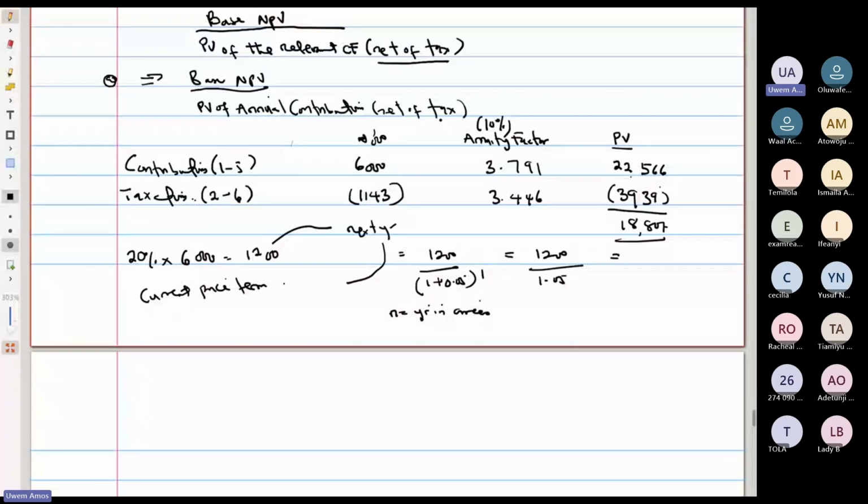But let me do it again. 3.791 multiplied by 6,000. Yeah, you're right, 22,746. So if you subtract 3,939, it should give you 18,807. So I must have written down the wrong value from my calculator. The answer shouldn't change, because I just recalled it from the calculator.